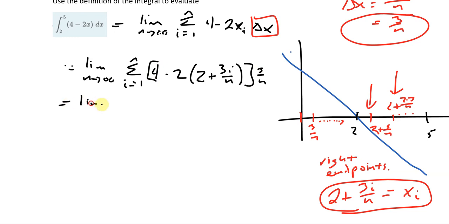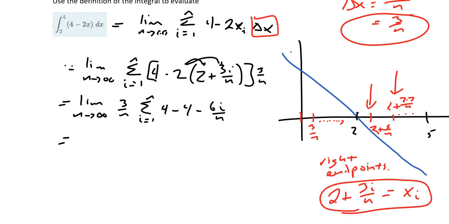So I'm going to take a lot of little steps here, because with the algebra, I don't want you getting too tied up in it. So we're just going to factor out the 3 over n. Okay. And I'm going to go ahead and distribute this negative 2. All right, because we'll get the 4 here, that will get the 6. Okay. Now notice those 4s are going to give me a 0. That's nice.